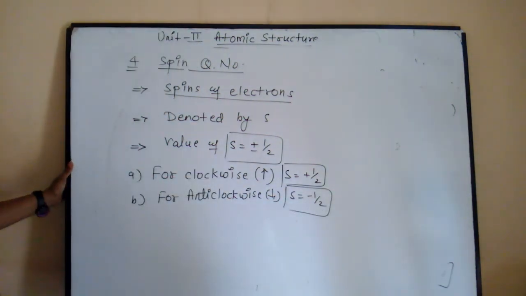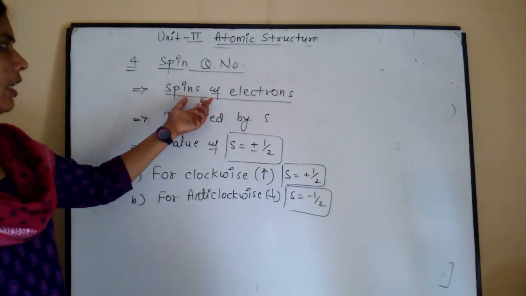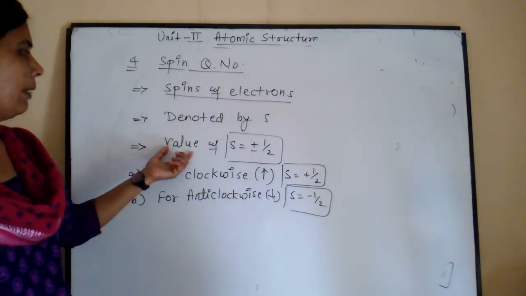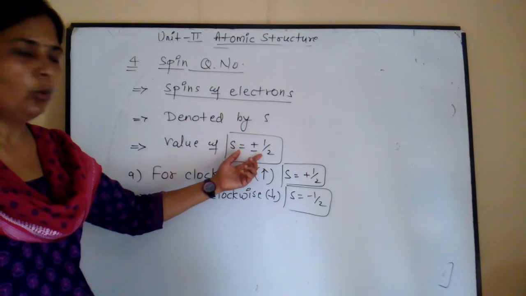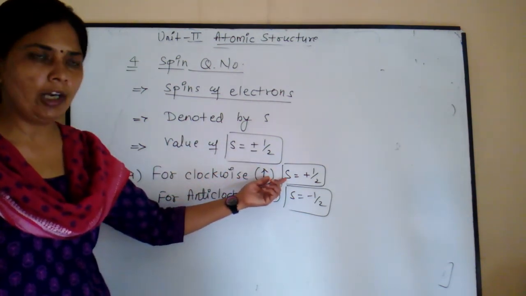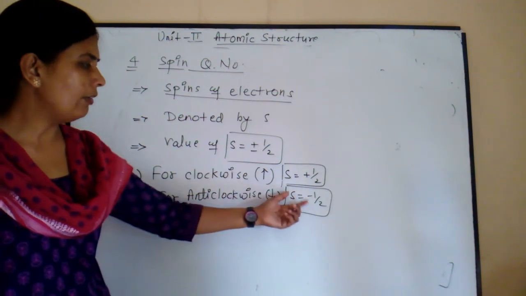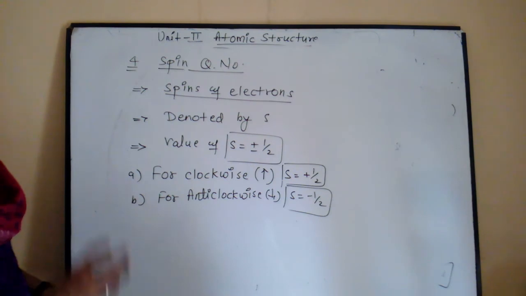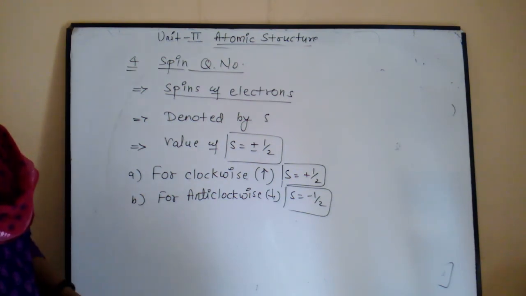So the spin quantum number is the fourth quantum number, which gives the information about the spin of electrons, denoted by s, and its value is plus minus 1 by 2. Clockwise gives plus 1 by 2, anti-clockwise gives minus 1 by 2. So these are the 4 quantum numbers which give the complete information of an electron in an atom.